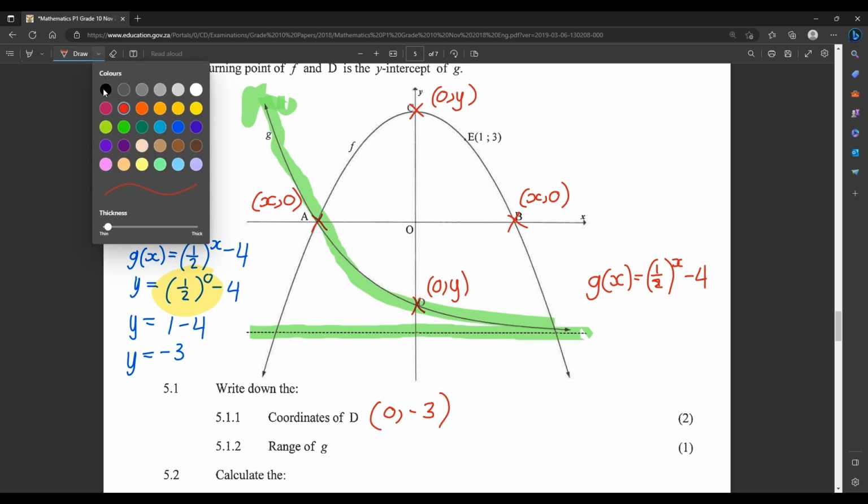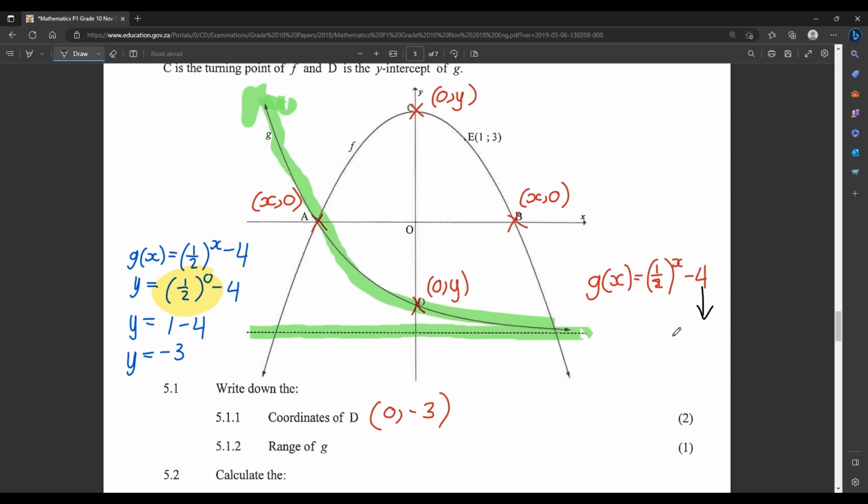In an exponential function, this value here is always our asymptote. So that is the lowest y value. The graph is going to be approaching this minus 4. We can see all along here it is approaching this minus 4, but it never actually touches it. So we can say that the range for this function is y has to be greater than minus 4.